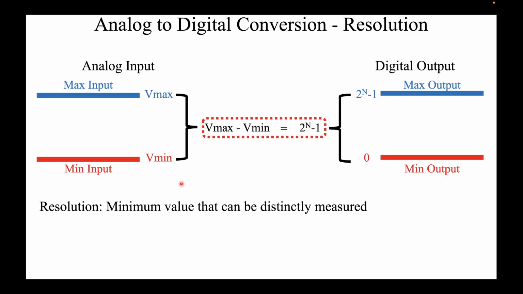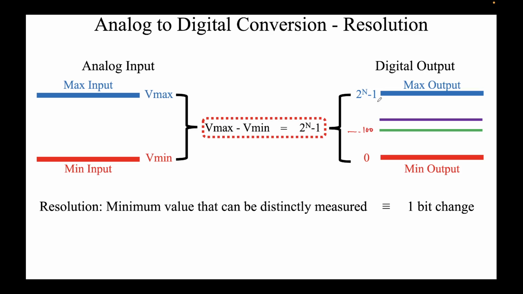Now here it's important to define what we mean by resolution. The resolution is the minimum value that can be distinctly measured. This is the definition of resolution that we see in microscopy, and in fact in any other field. As far as digital signals are concerned, that means the difference of 1 bit. So let's say we have some MSBs and the final 3 digits are 100, right?